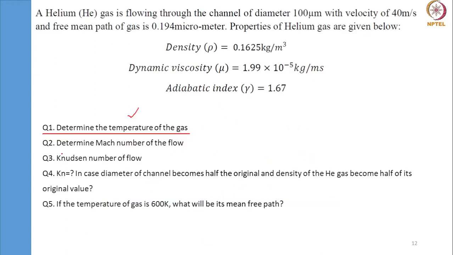Okay. So next question is to determine the Mach number of the flow. This is a fairly easy problem. The Mach number is directly the ratio of flow velocity to the sonic velocity. So we are required to find out the sonic velocity in helium.